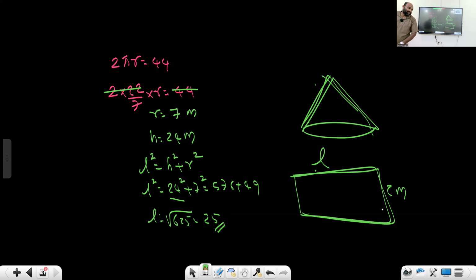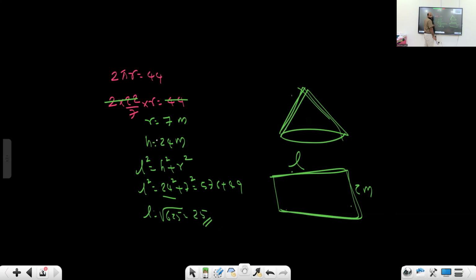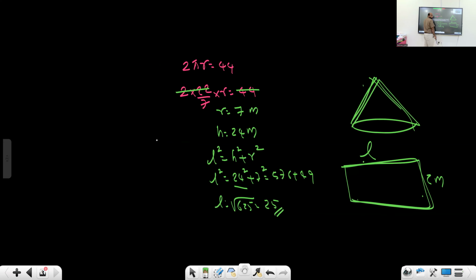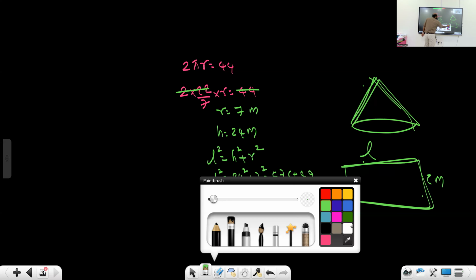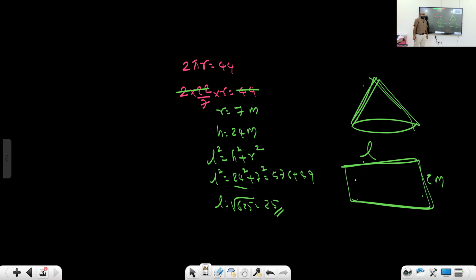CSA of the conical tent equal to area of the canvas of width 2 meter.